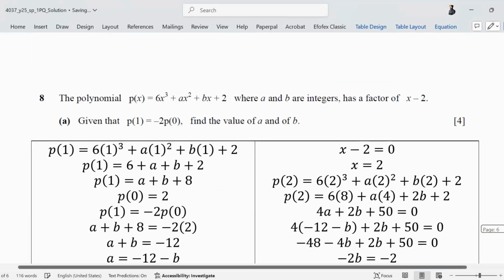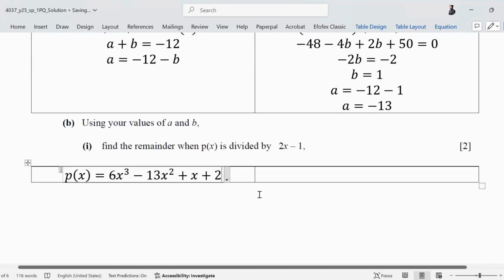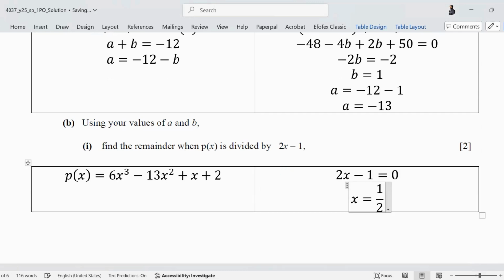This is the polynomial I get when I plug in the values of a and b. So I need to find the remainder when it is divided by 2x minus 1. If I make 2x minus 1 zero, the value of x is half. By plugging in the value of x as half, I'll get my remainder.